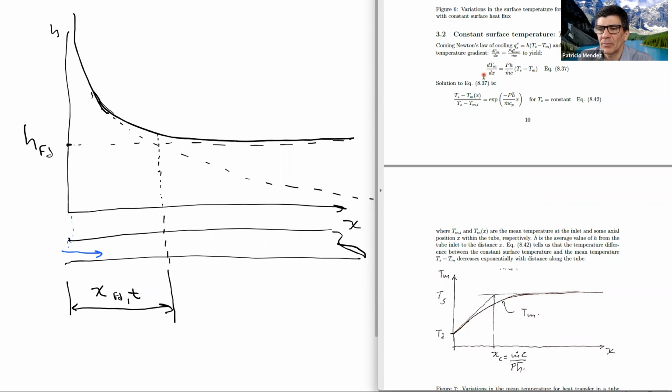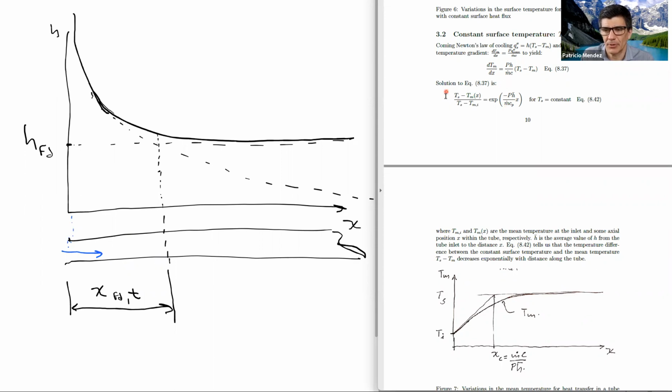And look at this. Now we got a first order differential equation, right? We have this differential here, the derivative of mean temperature with distance, and here we have the mean temperature. So solving it the same way we have done in the differential control volumes unit, or if you look at the math refresher that is uploaded, the solution to this first order ordinary differential equation is an exponential.